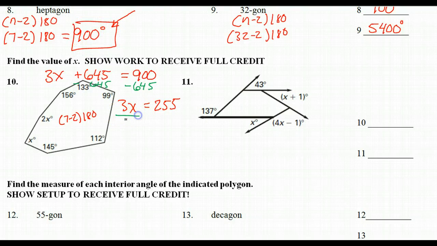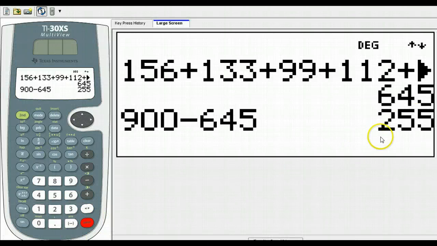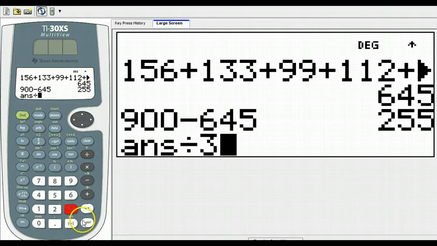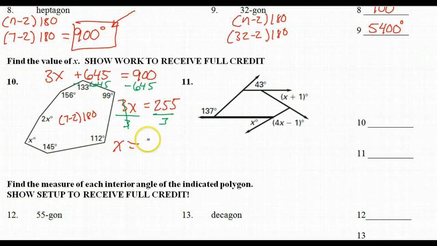Continuing to solve this for x, it looks like it's time to divide both sides by 3. x equals 255 divided by 3, 85. So x is equal to 85. Okay, that is how you do that.